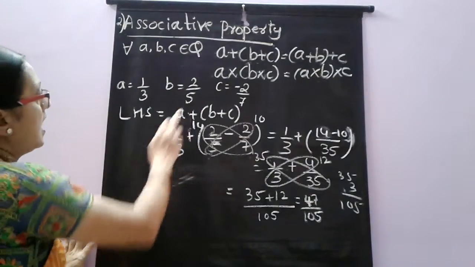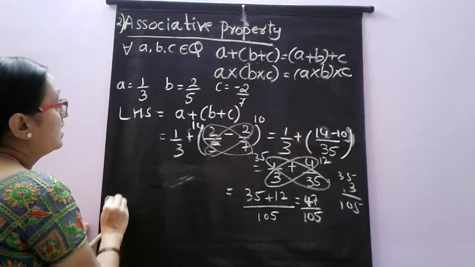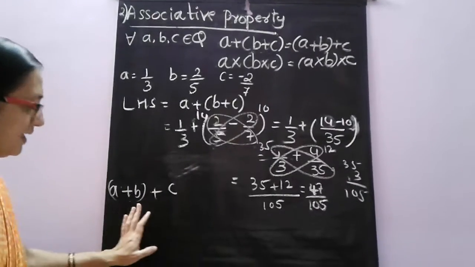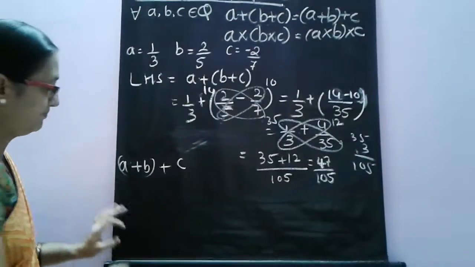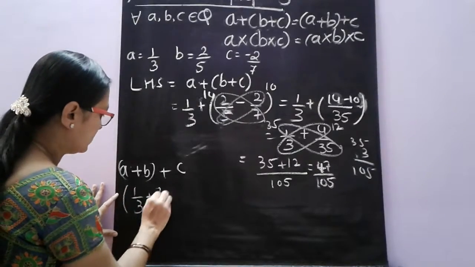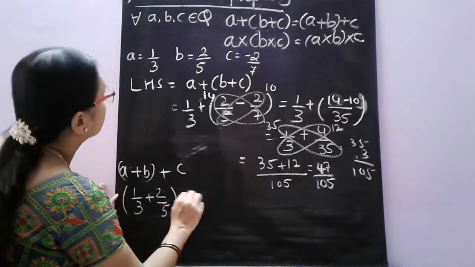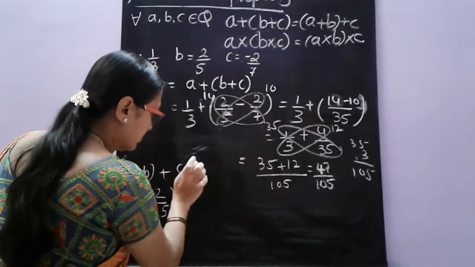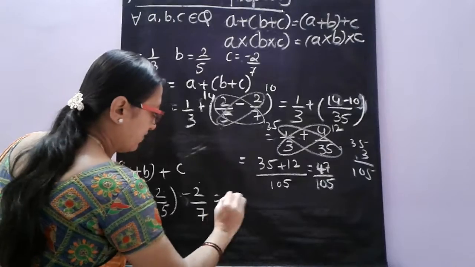Same, try for RHS. What is RHS? (A plus B) plus C. So first and second are added to the third one. Okay. This is equal to 1 by 3 plus 2 by 5 plus into minus, that is minus 2 by 7.